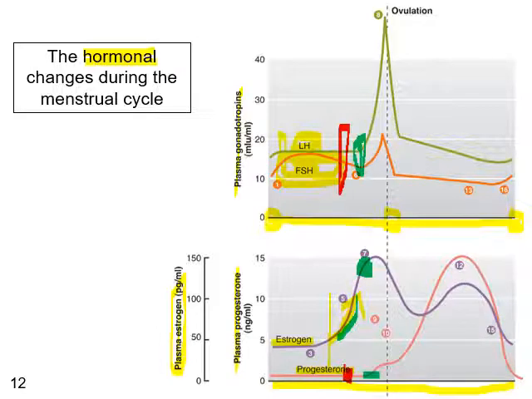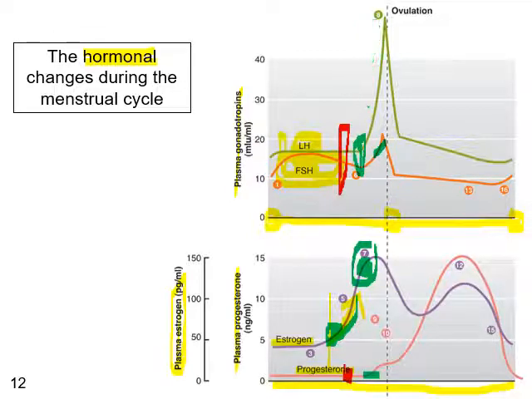So a transition from negative feedback to positive feedback causes a surge in LH and FSH levels. A transition from negative feedback at low levels of estrogen to positive feedback at high levels of estrogen causes a surge in LH especially, and FSH to a lesser extent.